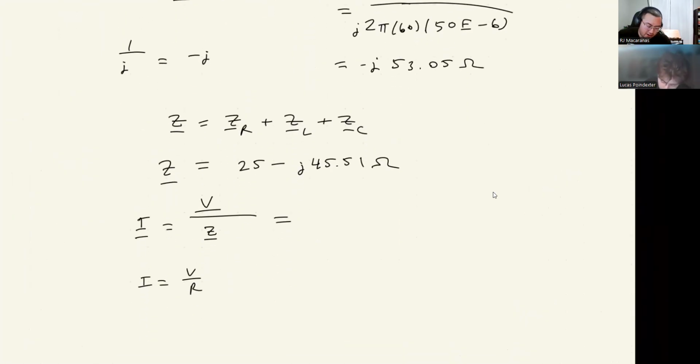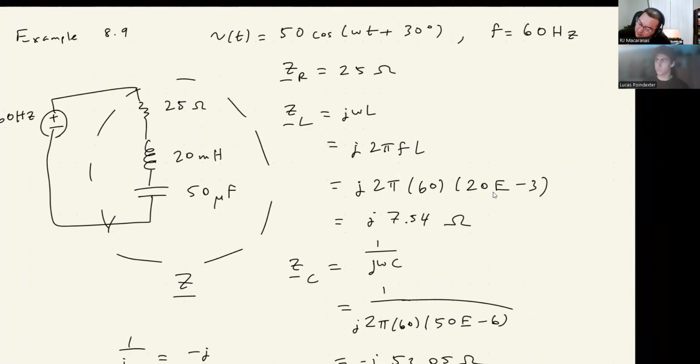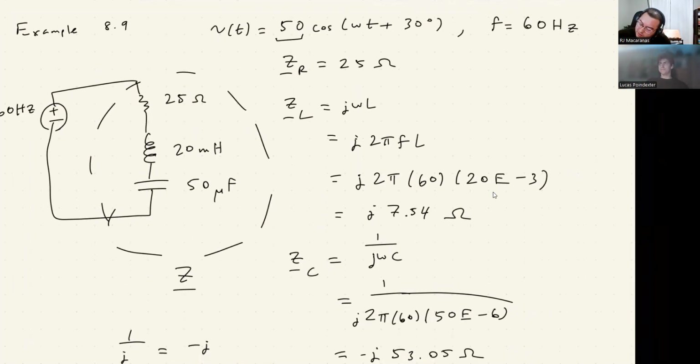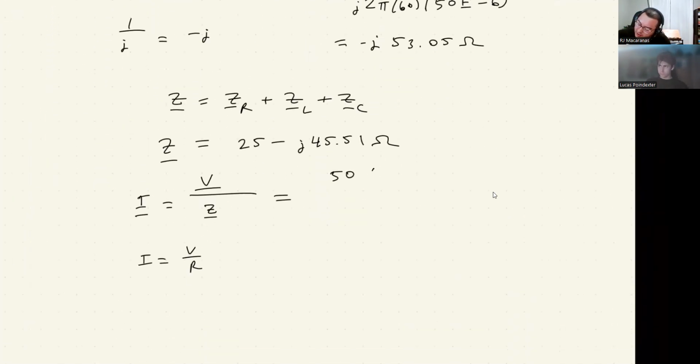But going back here, the magnitude of this cosine function is 50, it's at an angle of 30 degrees, and then the impedance is 25 minus j 45.51. And you could very well just stop right there.